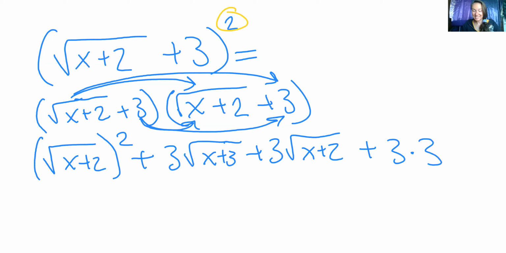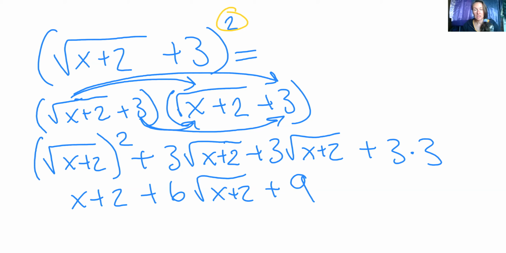Now let's go through and simplify these 4 terms we have. The square root of x plus 2 squared is just x plus 2. 3 times the square root of x plus 2. And then we've got another 3 times the square root of x plus 2. So in total, 3 of these plus 3 of these is going to give us 6 of these square root x plus 2s. And then 3 times 3 is 9.